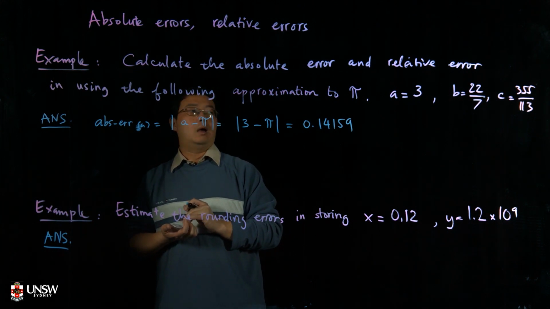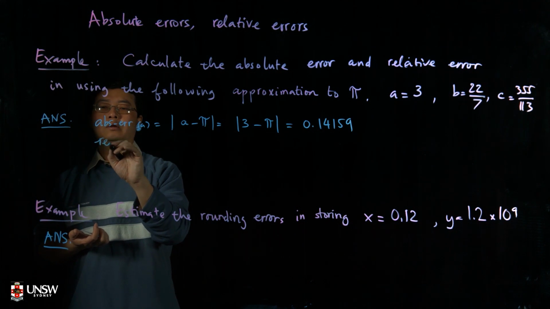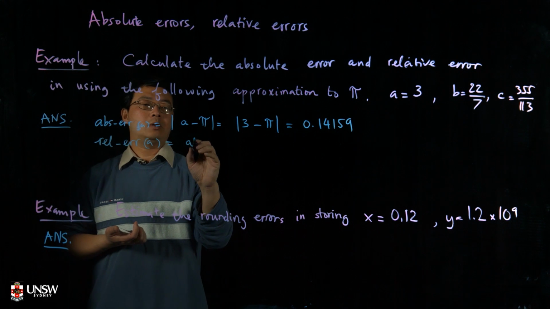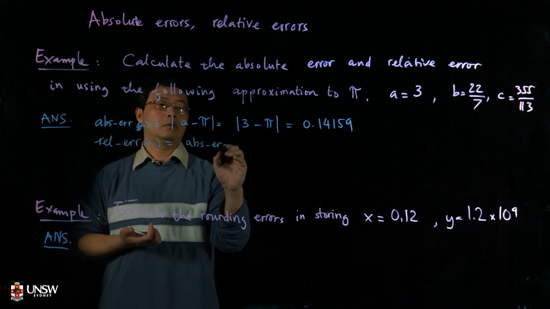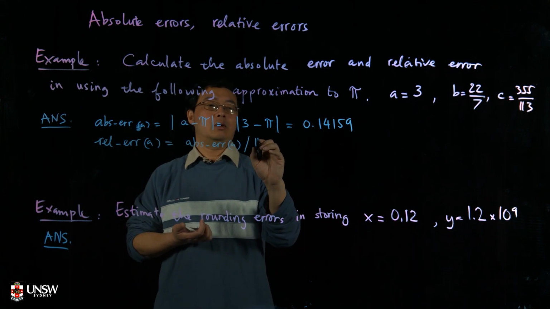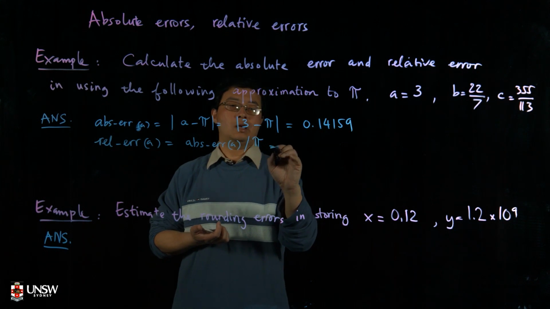Okay, and then the relative error of a will be the absolute error divided by the absolute value of pi. Because pi is positive, the absolute value of pi is still the same as pi.